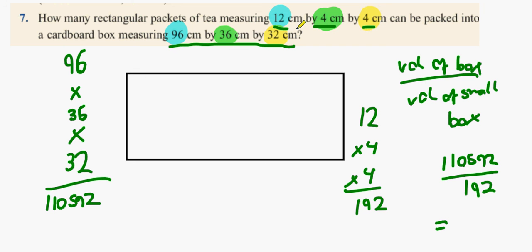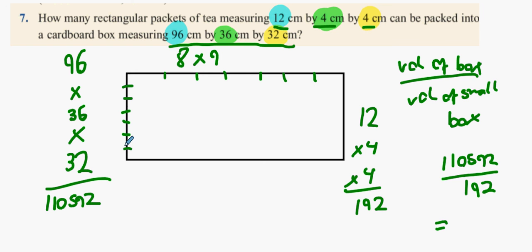Do you agree with that? 96 divided by 12 is what? 8. This means you can stack 8 of them in a certain direction. Does that make sense? What's 4 into 36? 9. It means you can stack 9 of them in the other direction, yeah?